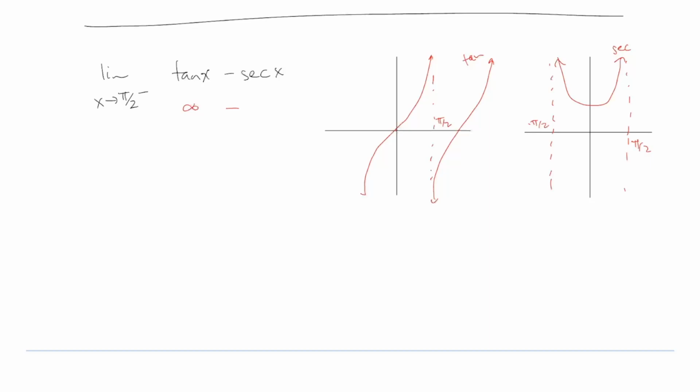If you were trying to do this problem on the homework or something, you should look up the graphs. Anyway, what does the secant give me when I take this limit as x approaches pi over 2 from the left? That means approaching from this side. Again, we get infinity here. So this looks like infinity minus infinity. And again, this is an indeterminate form. You don't say infinity minus infinity equals 0, because you don't really know which one of them is bigger. So this is also indeterminate.